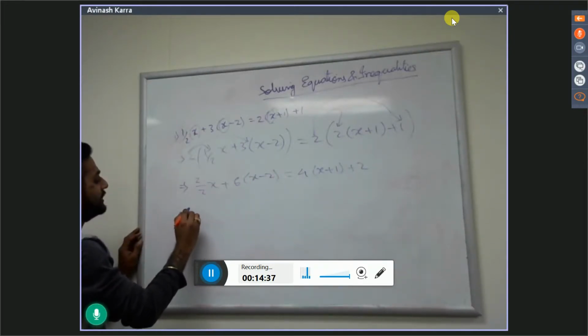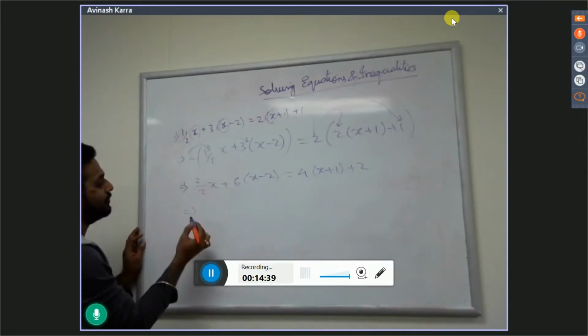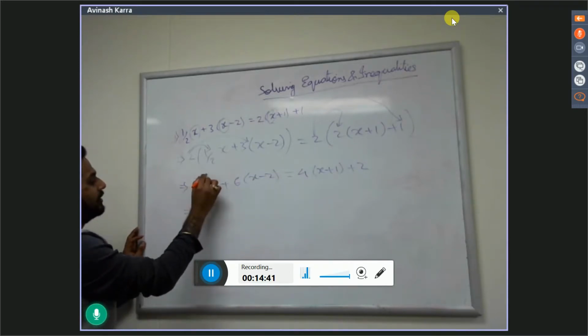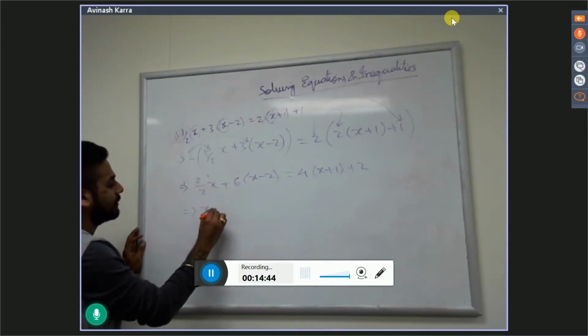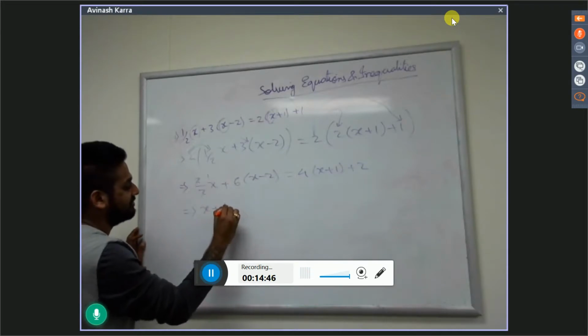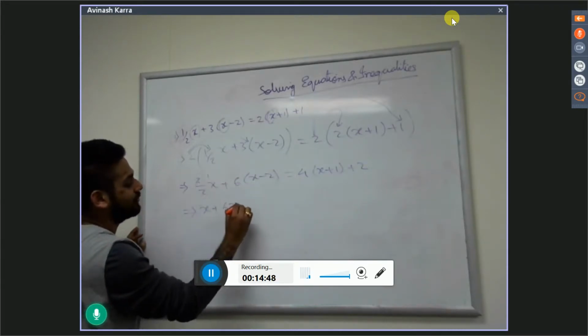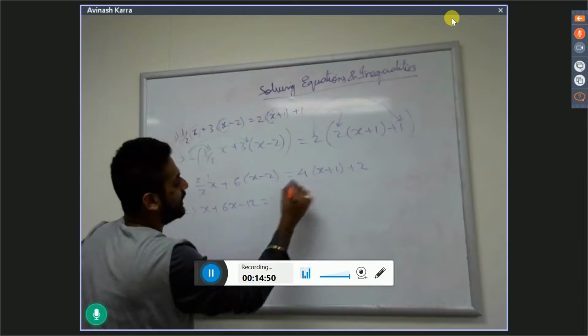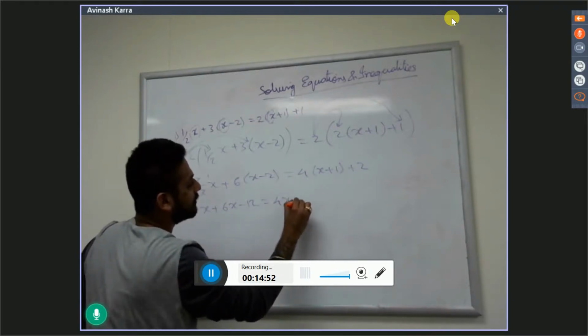When I simplify this, what do I get? 2 by 2 cancels, like 1. So x plus 6 into x, 6x, 6 into minus 2, minus 12, 4 into x, 4x, plus 4 into 1, 4, plus 2.